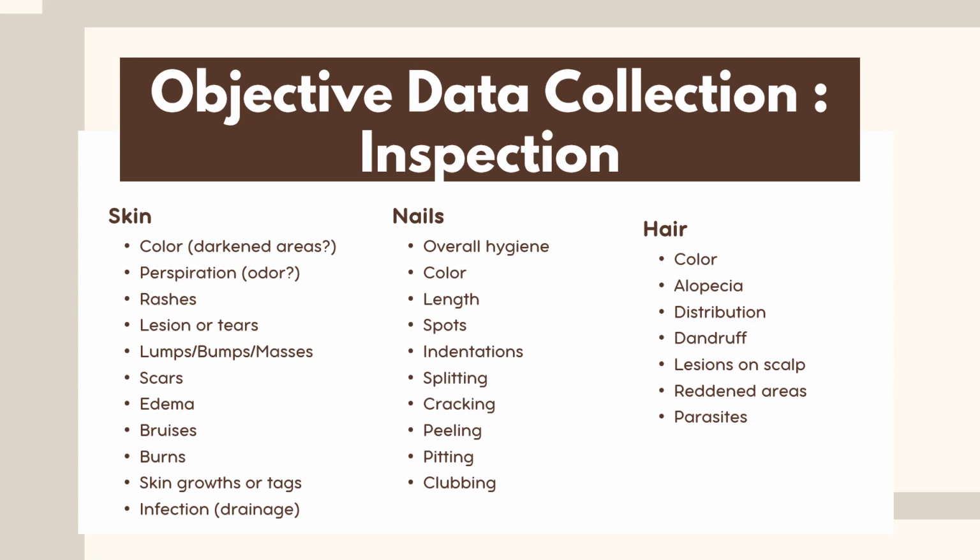And then last, you want to look at infection and drainage. If there is any type of drainage, noting what that looks like, if there's a foul odor with it, do they have swelling and warmth or redness around the area that is draining. This all can indicate different bacterial, fungal, or viral infections.